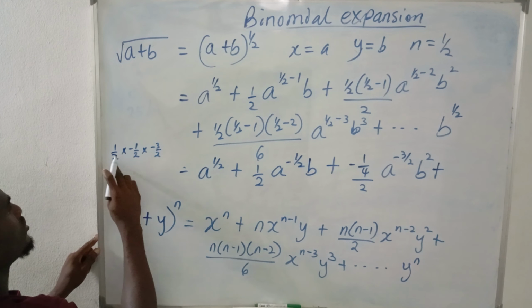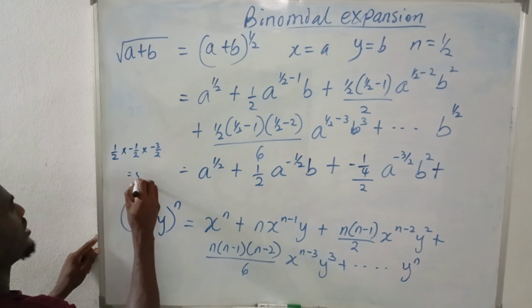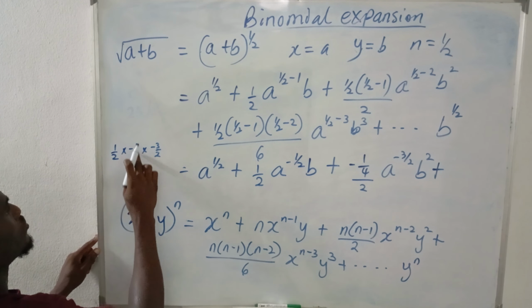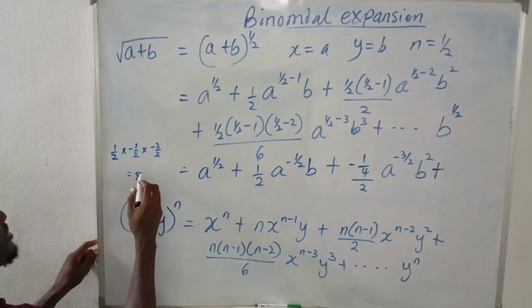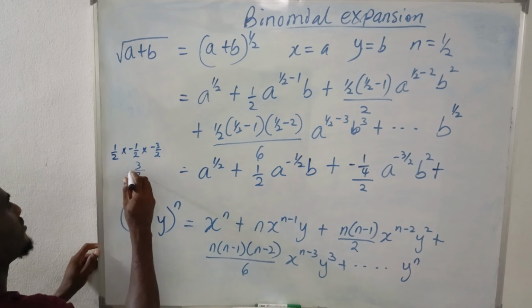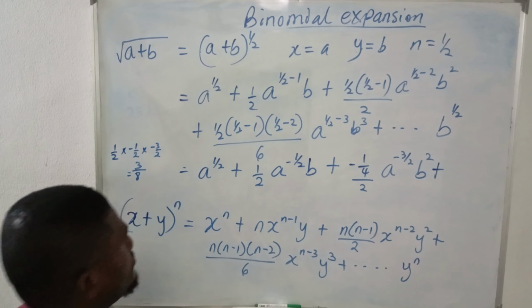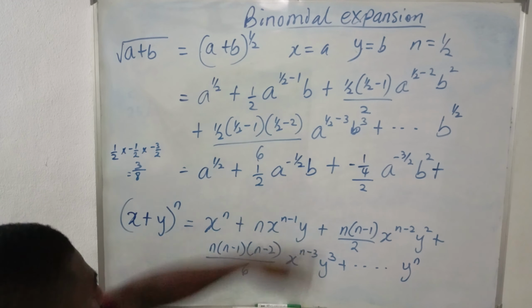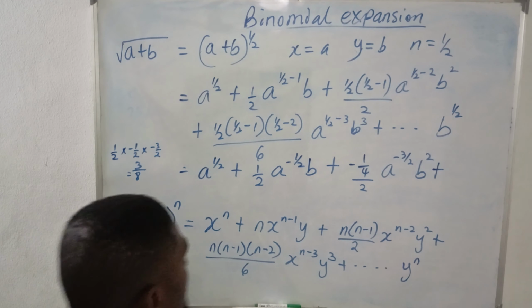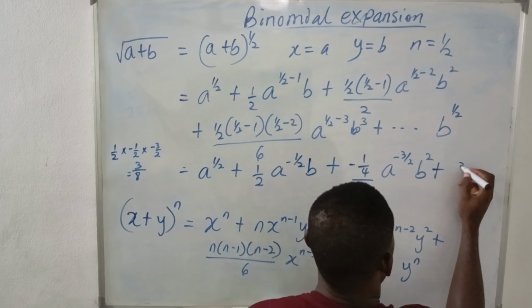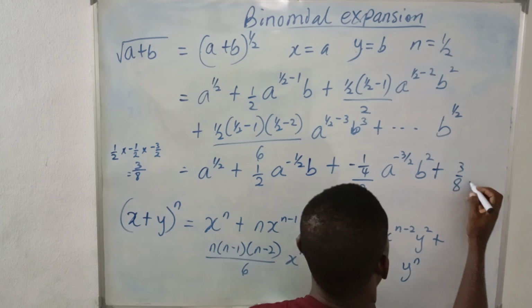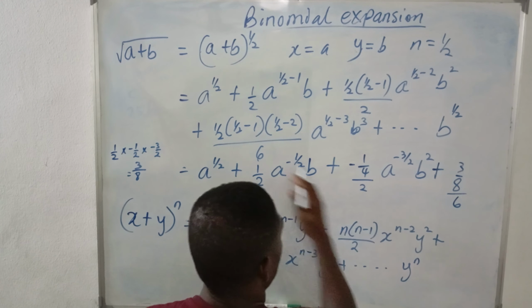Together on the denominator, we have 2 times 2 times 2, which is 8. 1 times minus 1 is minus 1. Minus 1 times minus 3 is 3. So we have 3 over 8. So the whole of this would be 3 over 8 divided by 6 here.